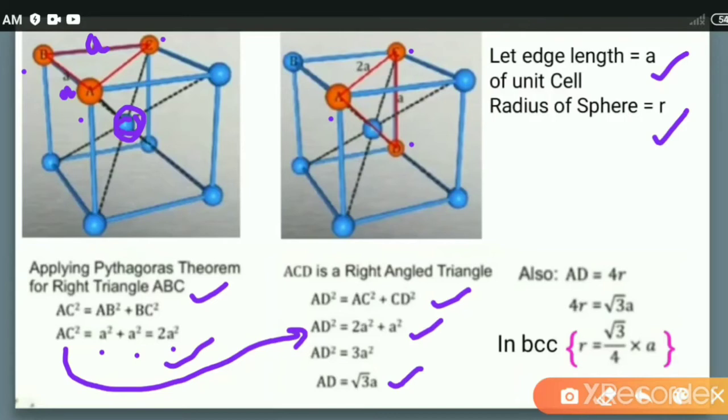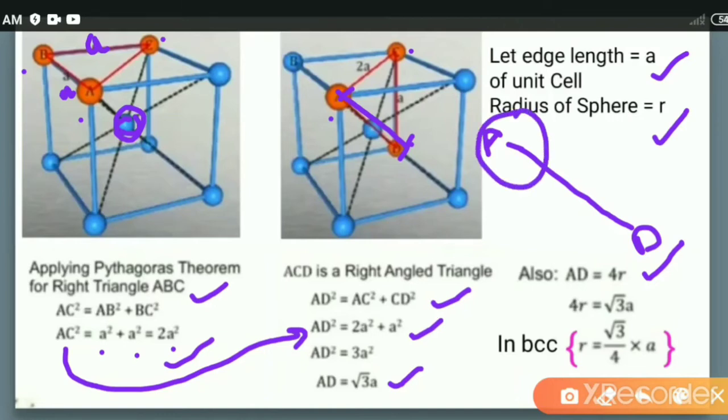But AD is also equal to 4R. Look at how it is equal to 4R. This is AD. Look at the figure. There are 3 spheres on this line AD.